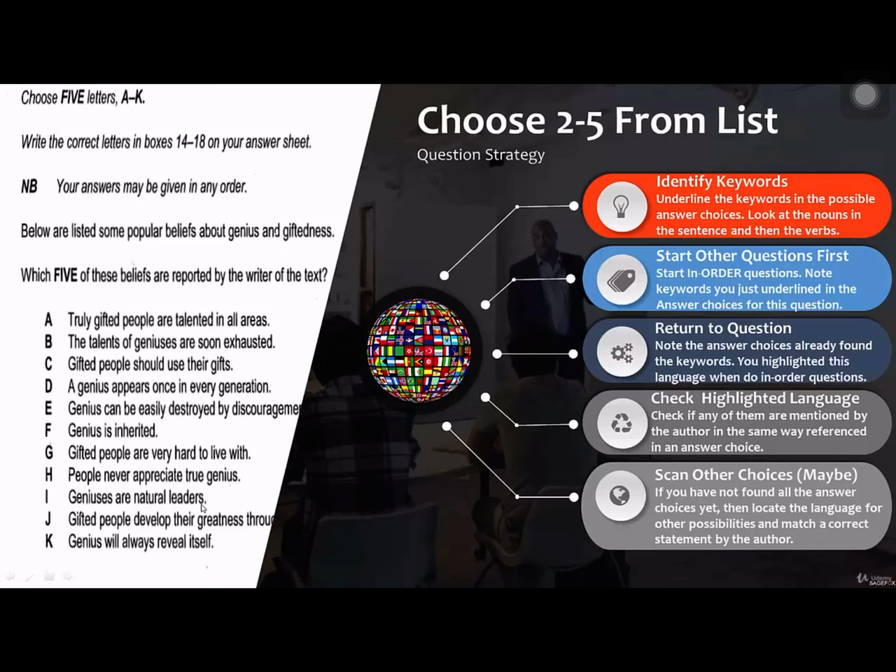If you're doing that, you're really going to be able to help yourself move faster through this question, right?